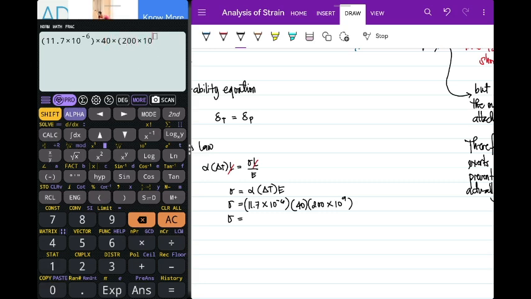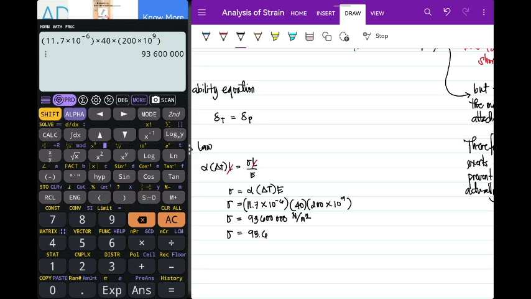Now if you can notice, there are a lot of zeros because that is in the base unit, which is Newton per meter squared. So that's 93,600,000 Pascal, or basically 93.6 megapascal.